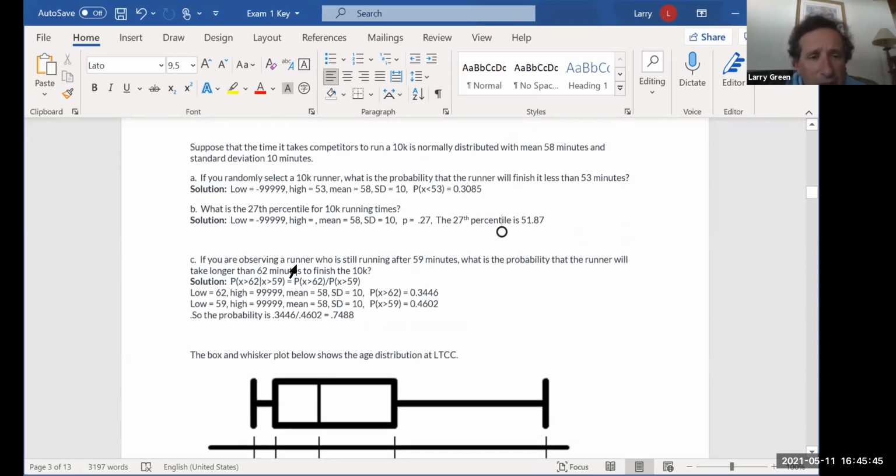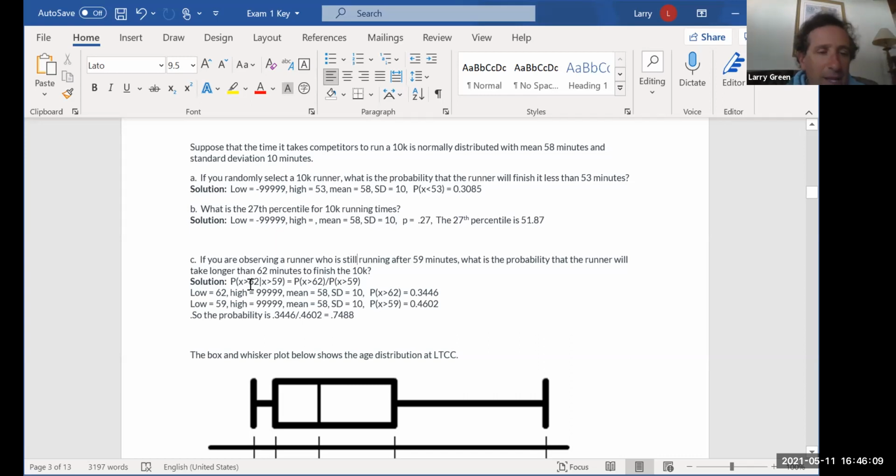So if you were observing a runner who is still running after 59 minutes, that means we know the person took at least 59 minutes to finish. So that's a given. What's the probability the runner will take longer than 62?